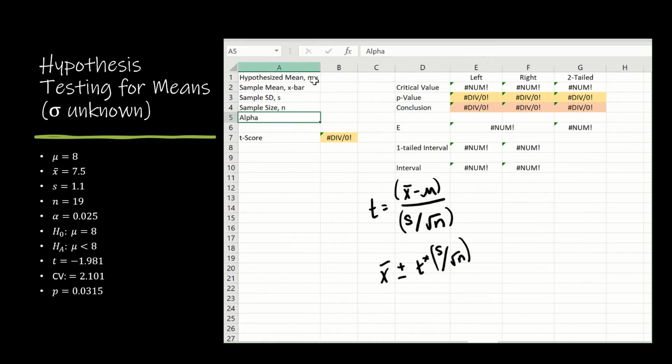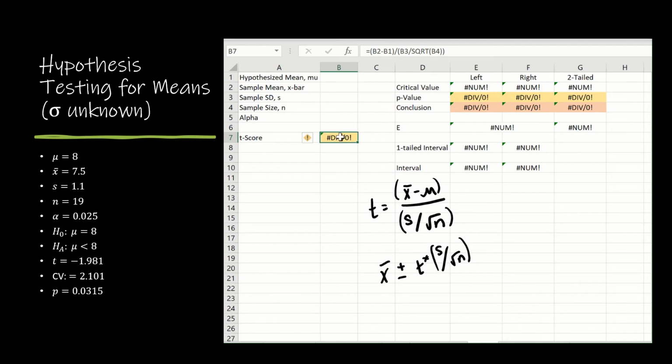And I'm just going to basically plug in this formula. So for a t-score, I'm taking B2 minus B1, x bar minus mu, in parentheses, and then I'm dividing it by, and then parentheses, B3 divided by the square root of B4. So again, don't be intimidated by Excel. We're just using the functions that we know to be true for each type of test or interval.